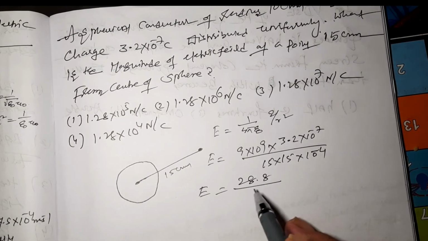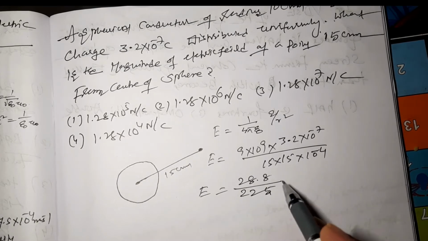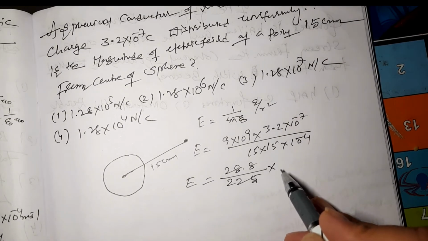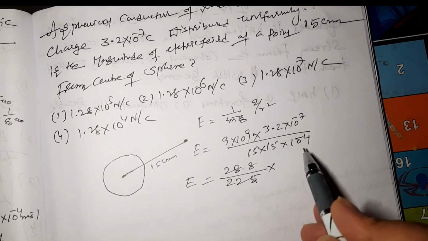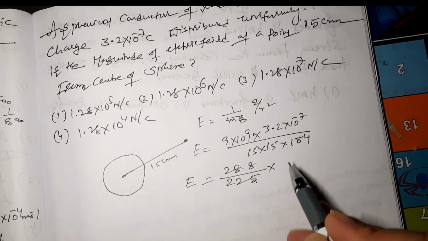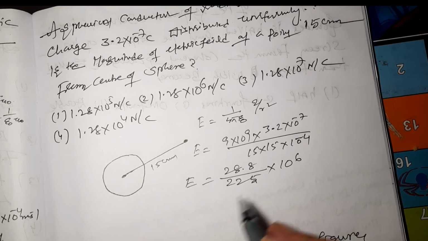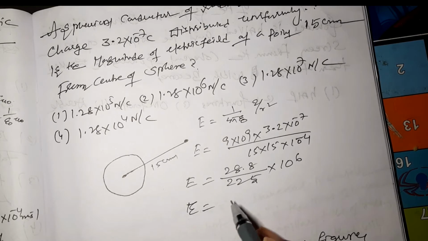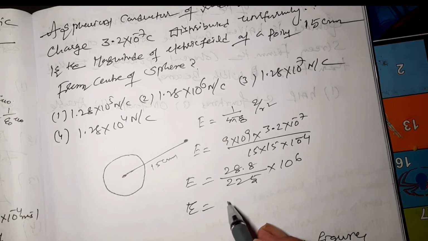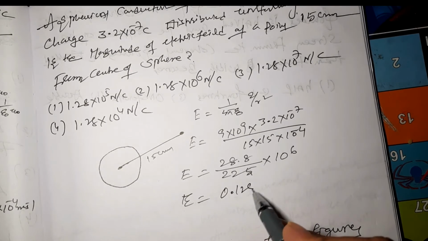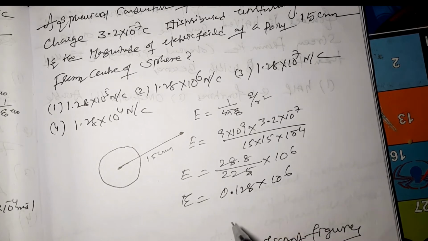15 into 15, 225, into 10 to the power of minus 7, 10 to the power of 6. So E equal to, when we divide this equation, we get 0.128 into 10 to the power of 6.